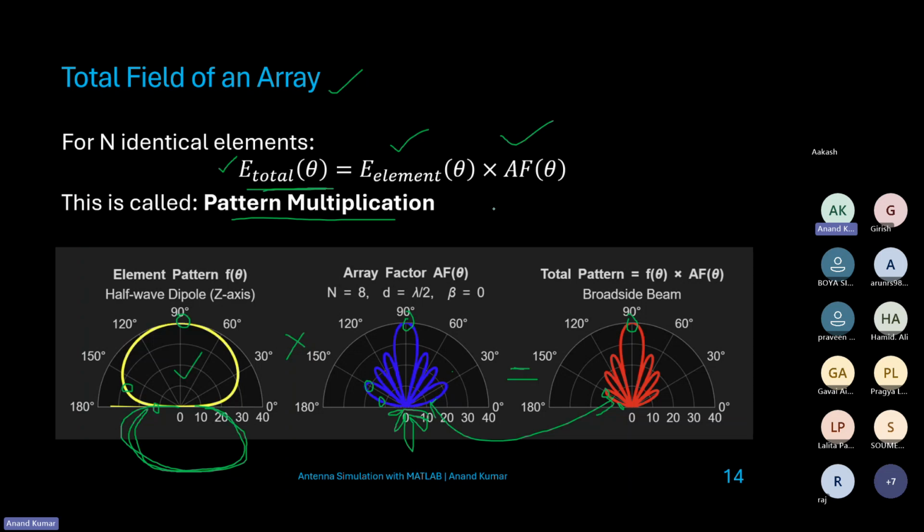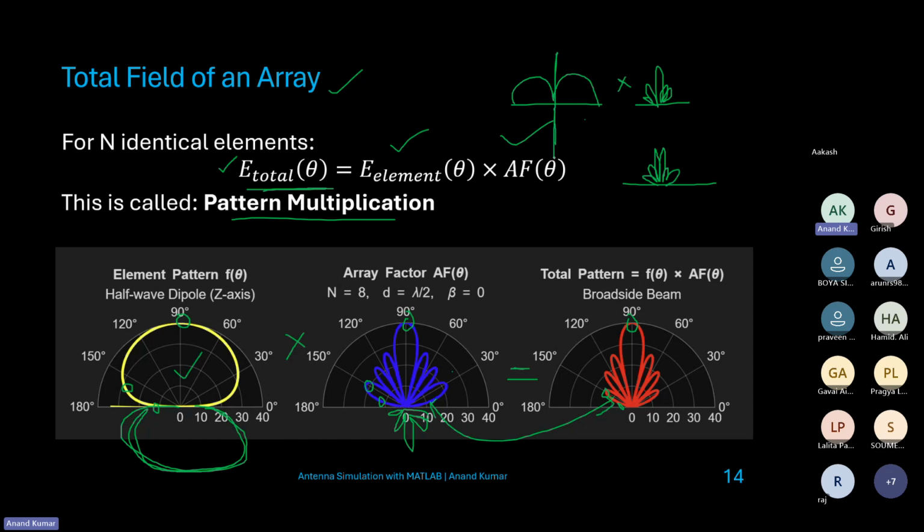For example, let's say your element pattern was something like this, and your array pattern was something like this. If these two were multiplied, your pattern would look something like this, because you had a null in the center over here.